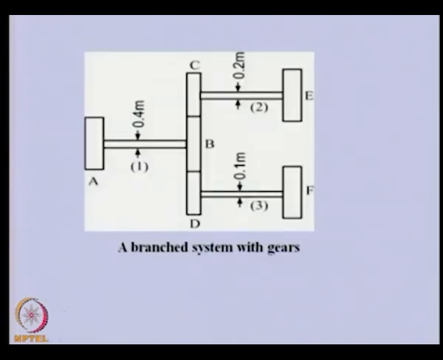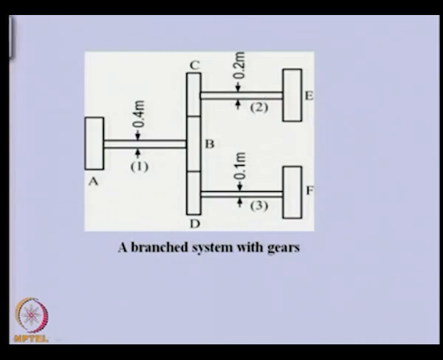Basically, this is a branch system in which one flywheel is here and we have a shaft, and we have 2 shafts connected to this by 2 gears. Gear B is connected to gears C and D, which give power to flywheels E and F. For simplicity of illustration, we have not taken an intermediate disc, but that also can be taken.